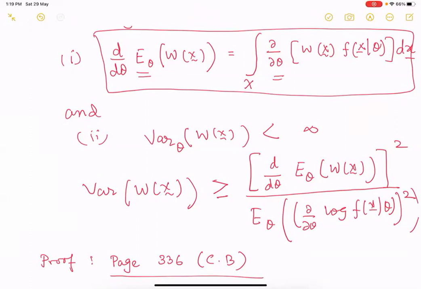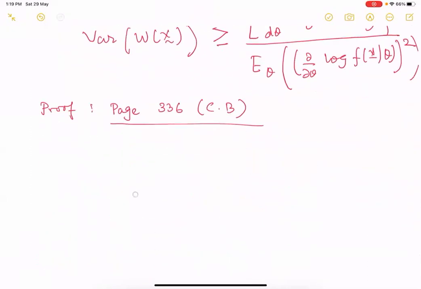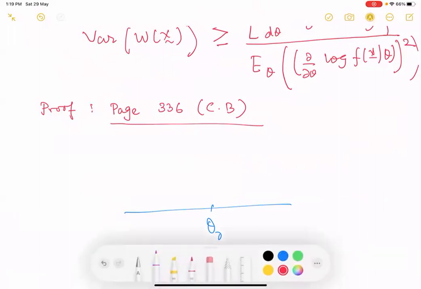So variance of Wx means effectively, if here is my theta naught, sometimes my W will estimate here, sometimes W will estimate here. If I'm very lucky, it will be very close to theta naught, but there will be some degree of error.